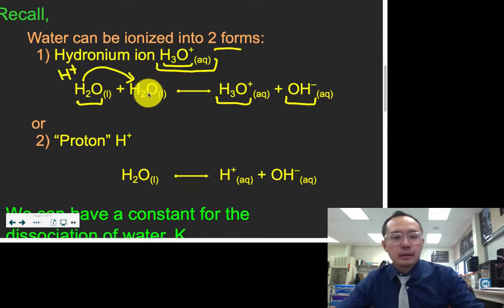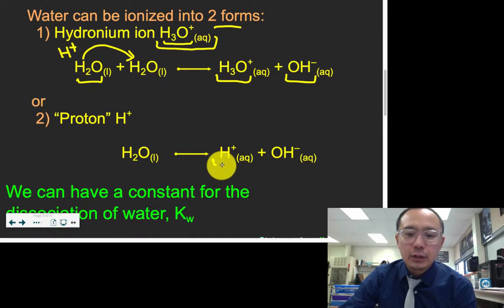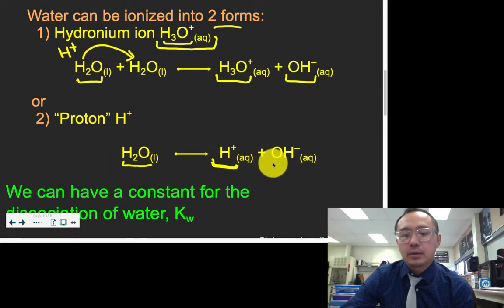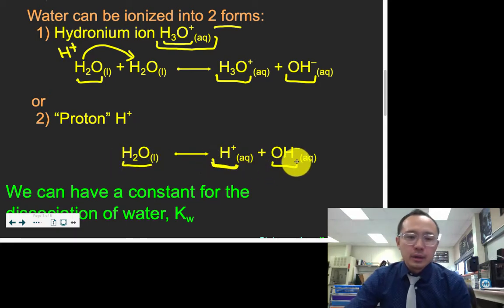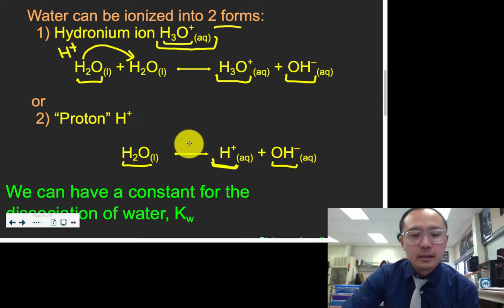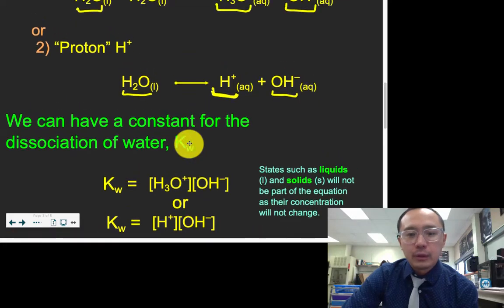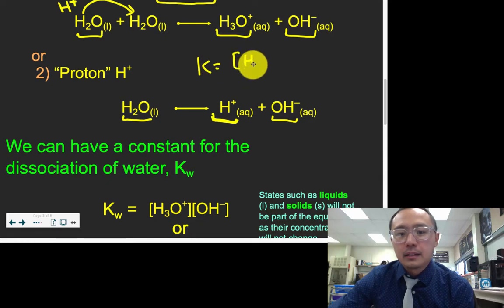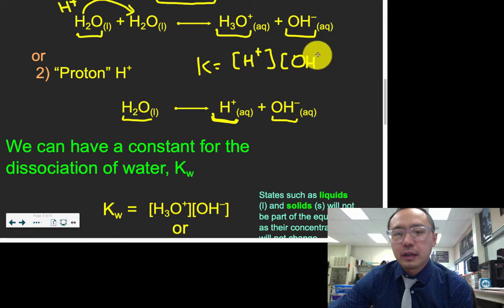Or if you look at the proton, how we get this H+, this H2O can be dissociated into H+ and OH-. There is actually a constant for water. If we look at the equilibrium law expression, this would really just be H+, which is my product, times the concentration of hydroxide.